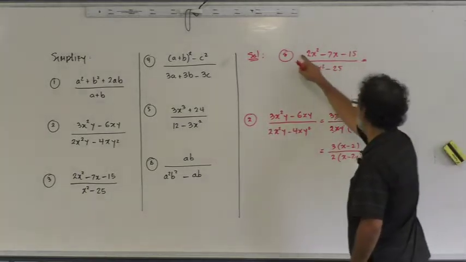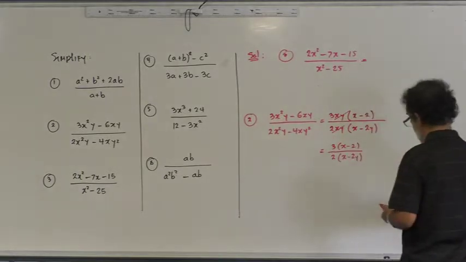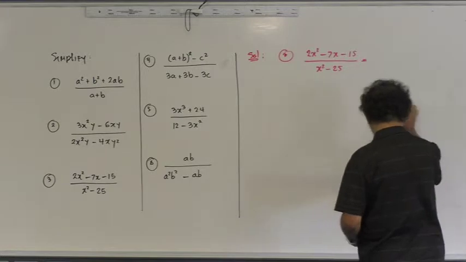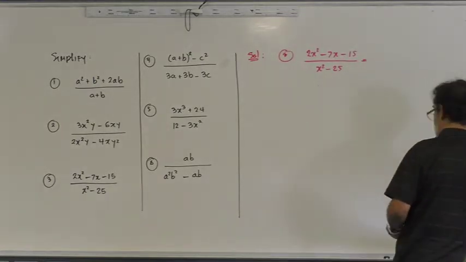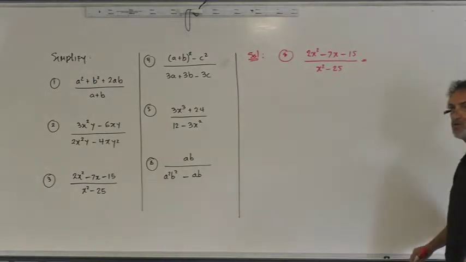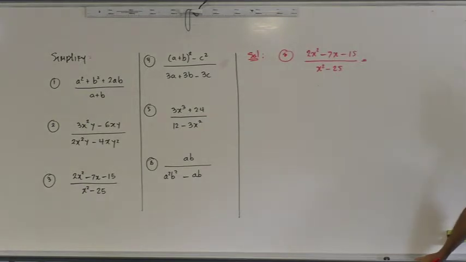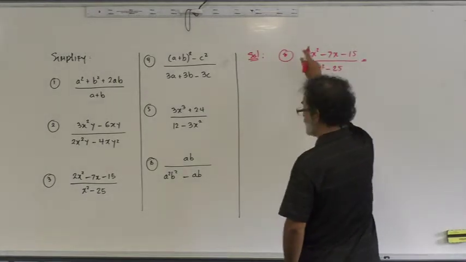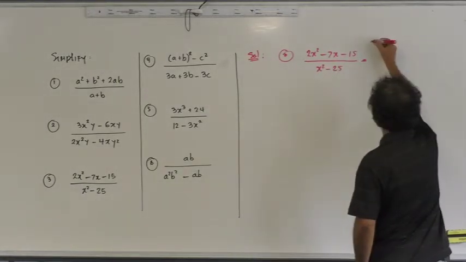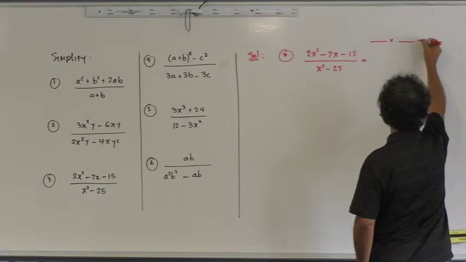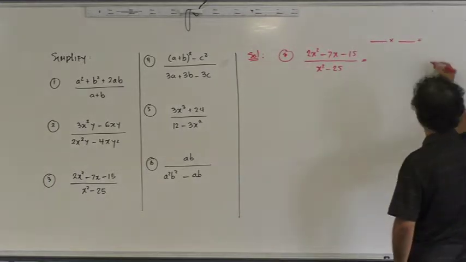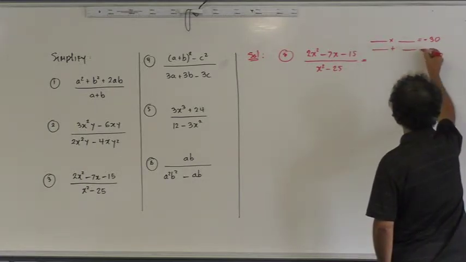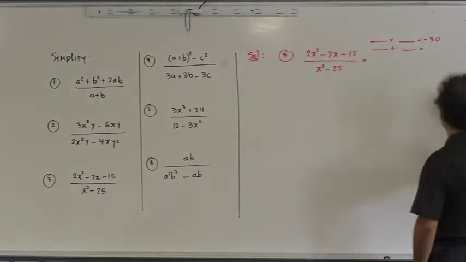Do you remember how you factorize a trinomial? If you don't remember, then you are in trouble because you need to revise regularly, and by now you should know very well what to do. For the top line, we need to find two numbers that when you multiply them together equal negative 30, but when you add them together, the answer has to be negative 7.